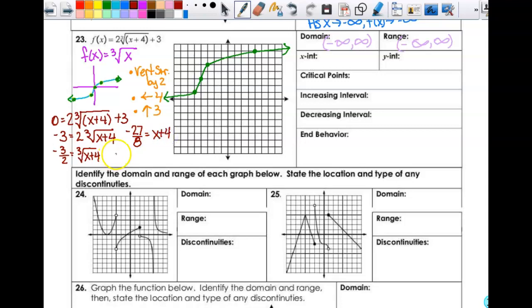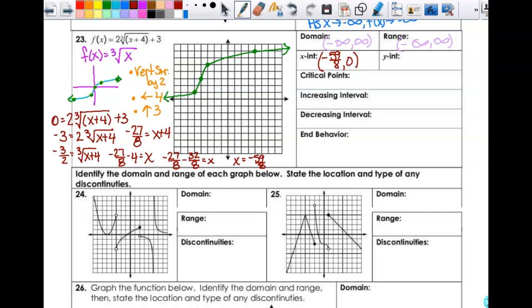Subtract 4 from both sides, so negative 27 over 8 minus 4 equals x. Get my common denominator, so negative 27 over 8 minus 32 eighths equals x, so x equals negative 59 over 8. So my x-intercept is negative 59 over 8, comma 0.